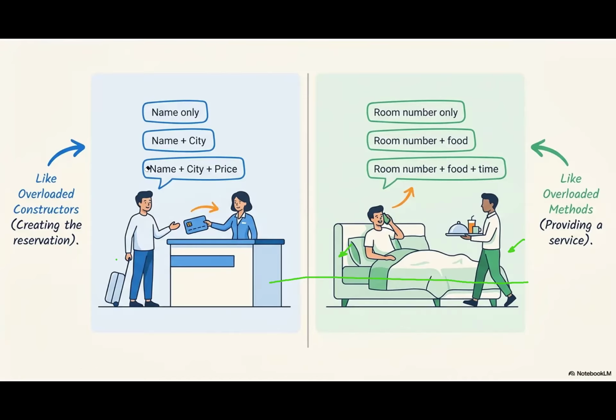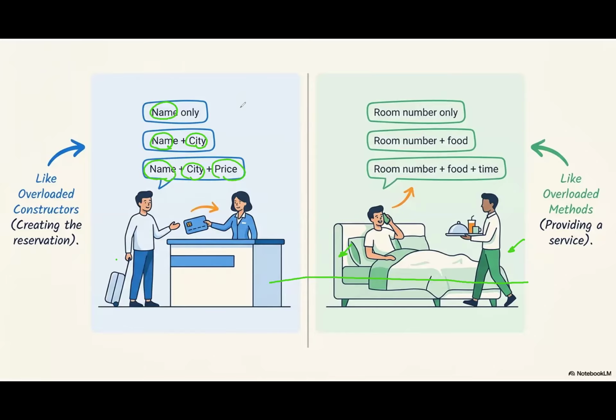So I can create a constructor that takes only the name, or another constructor that takes the name and the city, or a third constructor that takes the name, the city and the price. Is that right? Yeah.